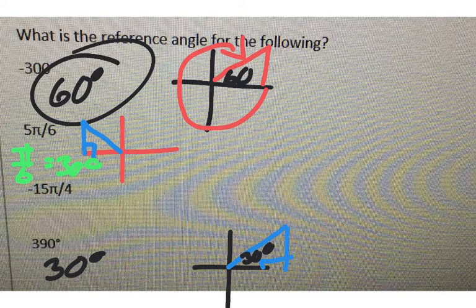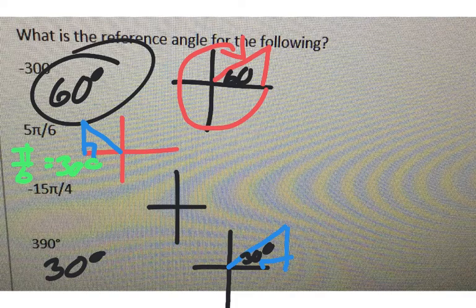Like on the next one, negative 15 pi over 4. That's almost negative 16 pi over 4. Negative 16 pi over 4 would be negative 4 pi, because 16 over 4 is 4. So it's almost negative 4 pi, which means I'm going in this direction because it's negative. That would be 2 pi, this would be 4 pi. It's almost negative 4 pi, but it's 1 away.